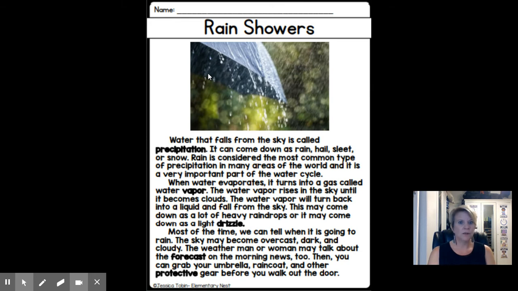Rain Showers. Water that falls from the sky is called precipitation. There's that bold word, precipitation, and I have no idea what that word means. So if I look at the clues around it, I'm going to reread that sentence and see if it has any clues in the sentence.